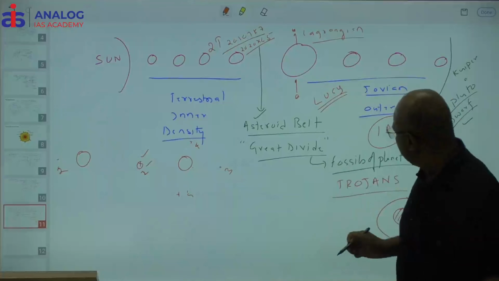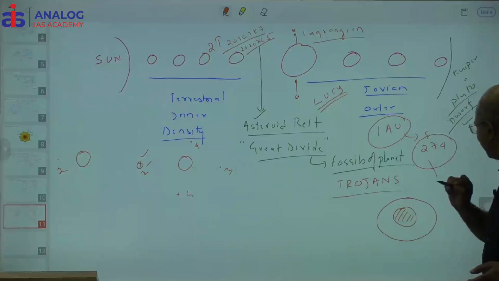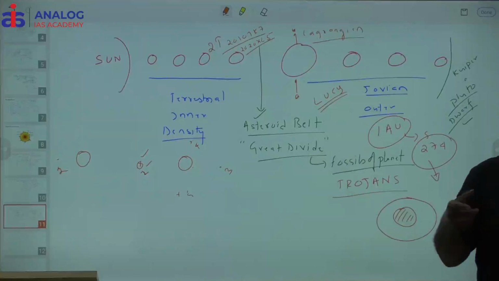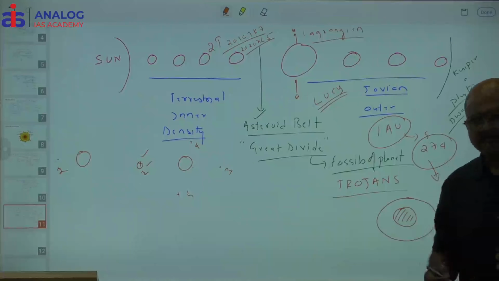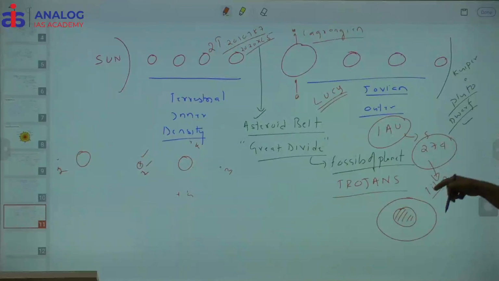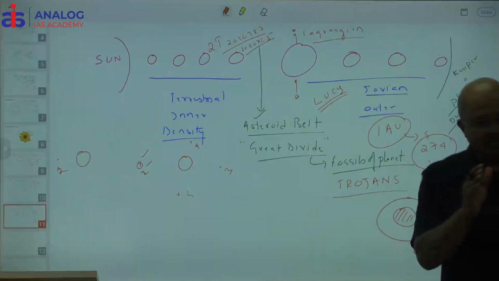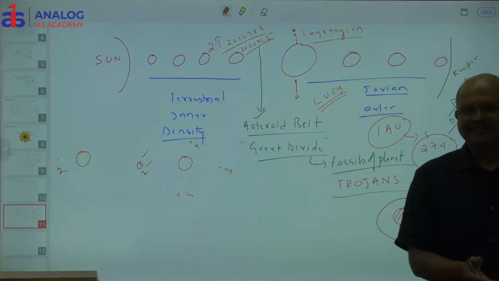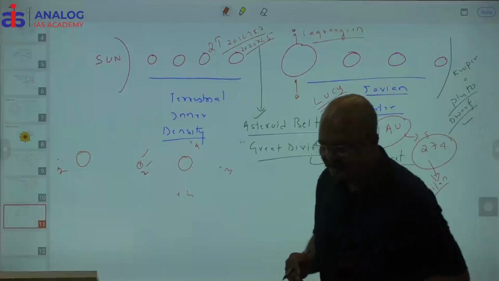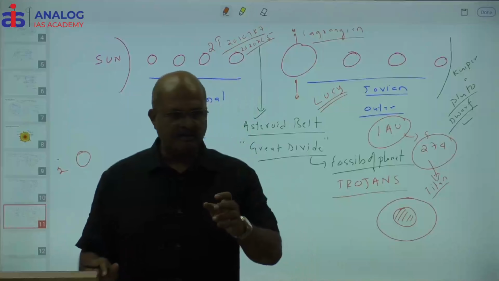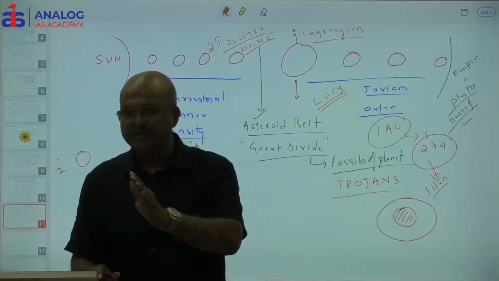Now, which is the largest satellite of Saturn? Titan. Titan is the largest satellite of Saturn. And which is the largest satellite of the entire solar system? Don't get confused. The largest natural satellite of the solar system is Ganymede of Jupiter.